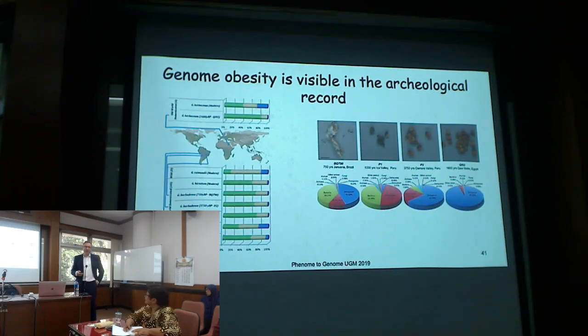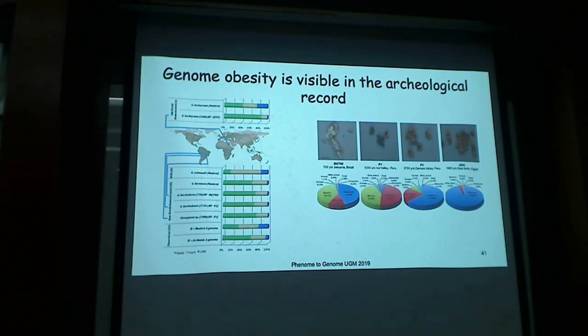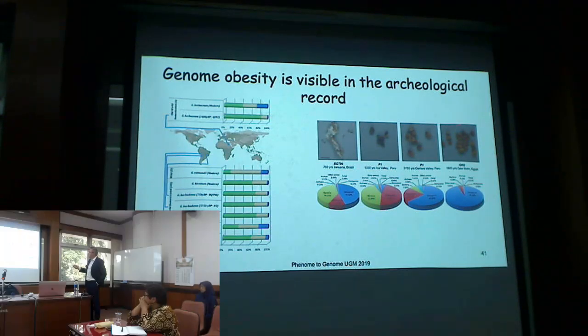And genome obesity, you can find it in archaeological samples. This is an example of cotton taken from Egypt, from the pyramids, and cotton taken from South America, where it has been cultivated in the last 500 years. And this represents in blue the amount of genome from the archaeological to the current sample.